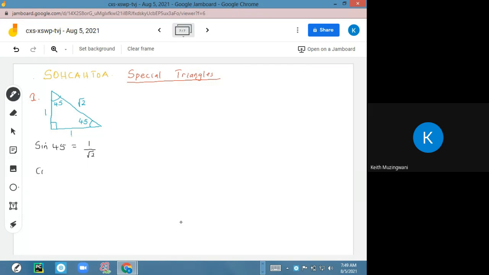Cos 45, adjacent over hypotenuse, same thing, 1 over root 2. Tan 45, if you use triangles now, you can easily get it from here. Opposite over adjacent, 1 over 1, which is just 1. And for sure it's 1 because tan is sine over cos. So if they are equal, then you get 1.